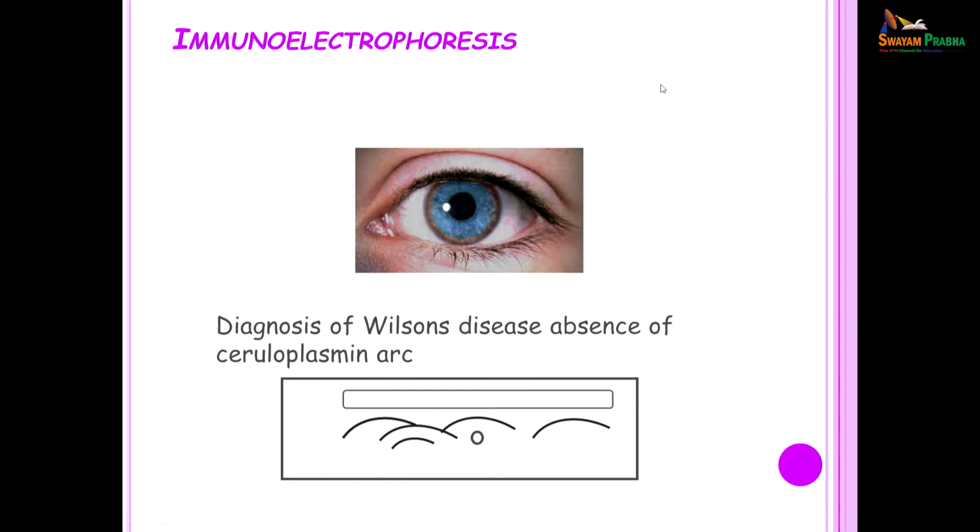This particular test is often used for the diagnosis of Wilson's disease, where the absence of a ceruloplasmin arc indicates that the patient has Wilson's disease. So, this is a common place where immunoelectrophoresis is utilized.